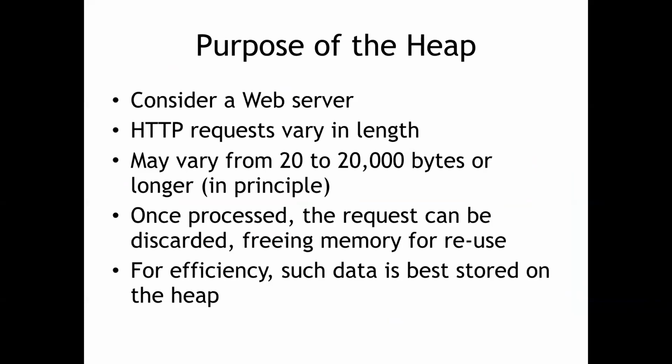You want to store the request long enough to service it, then throw it away and reuse that memory for the next request, so your server doesn't use all the memory in the server and crash. That's called a RAM leak. If you use memory and then forget to give it back, and then use more memory and forget to give it back, it will gradually use up more and more RAM until it crashes. Windows 95 had a lot of them, and many generations of software had it. So to avoid that, you use the heap.